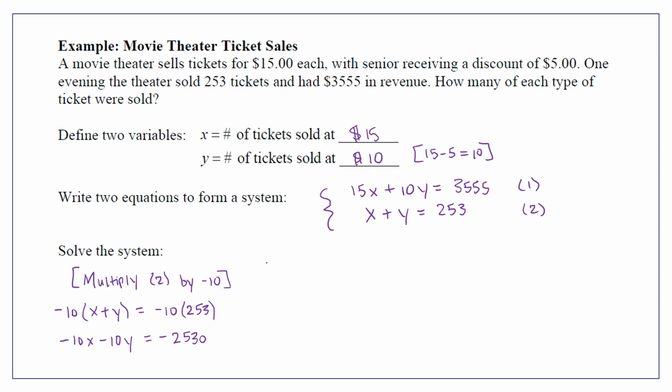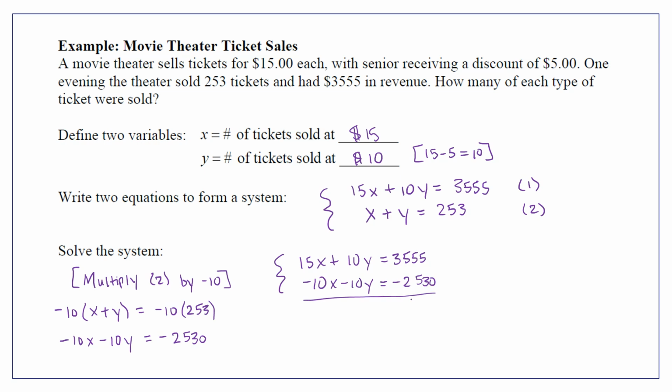Okay. So now we have a new system, 15x plus 10y equals 3,555. And we have negative 10x minus 10y equals negative 2,530.